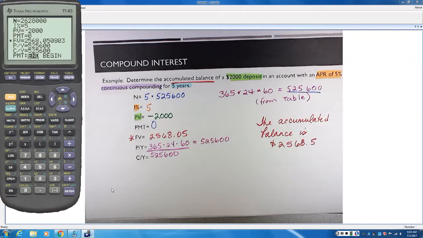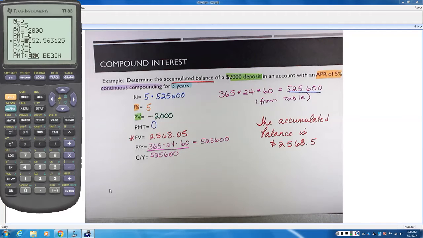Now, if you wanted to compare that to, let's say, annual compounding, the only thing you would change is you'd go up and say, well, I'm only going to compound once a year for annual compounding. And if I go back and resolve, let's see how much difference there is in the amount of money that we're going to get in interest. So alpha solve.